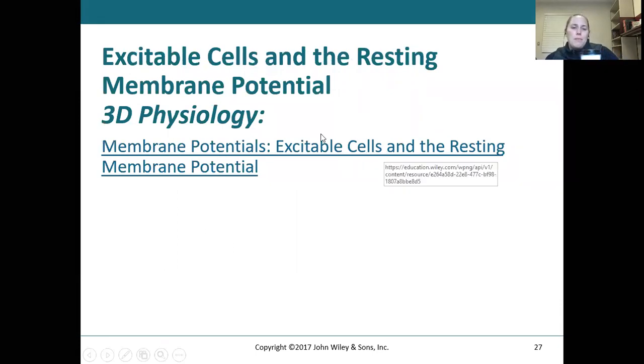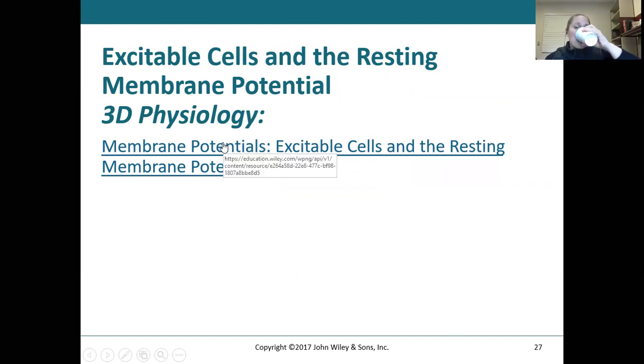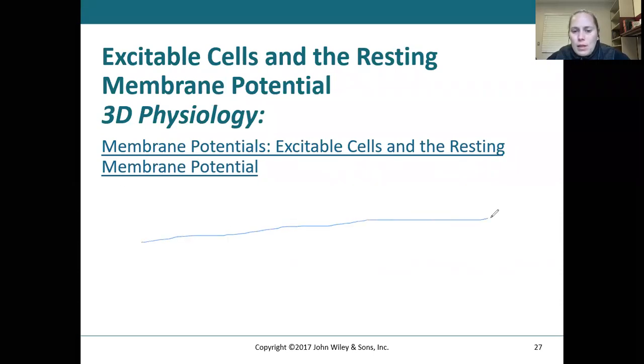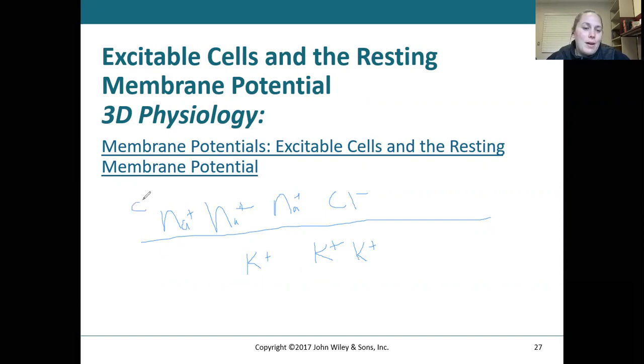So, resting membrane potential. Like I alluded to before, the neuron is a salty banana. Trust me, there's a reason we're going over this multiple times. The salty banana of the neuron essentially has far more positive charges outside the cell than inside the cell.